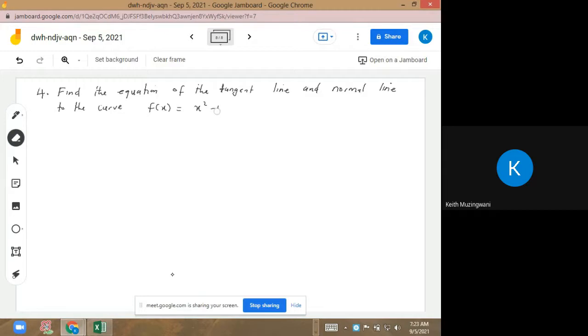This one will be too boring. Just change x squared. I put 4x squared plus 7x minus 2.